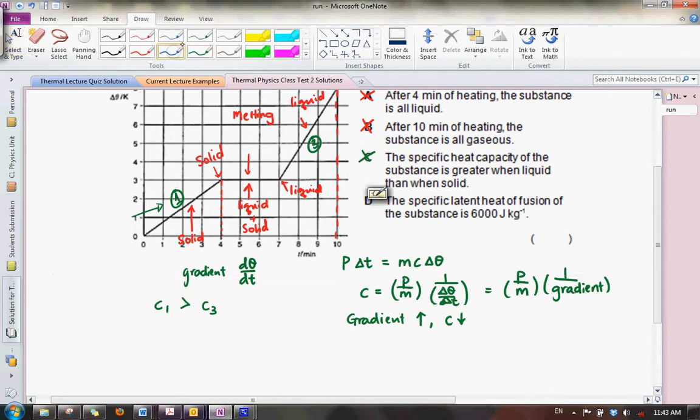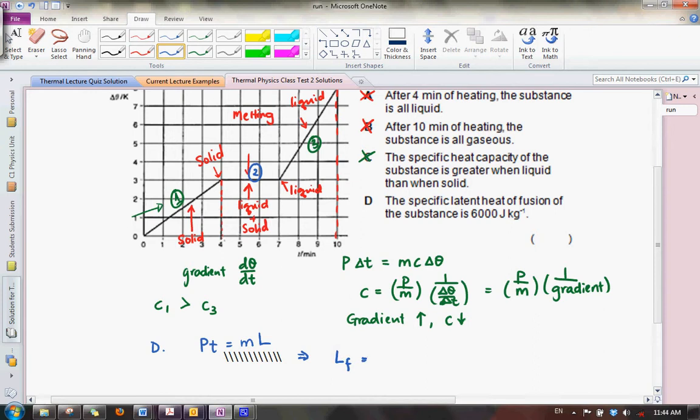For part D, to find the specific latent heat of fusion of the substance, we look at stage 2, during this constant phase. Again, by using conservation of energy, the energy supplied will go into melting the solid. So from here, we can get the specific latent heat of fusion.